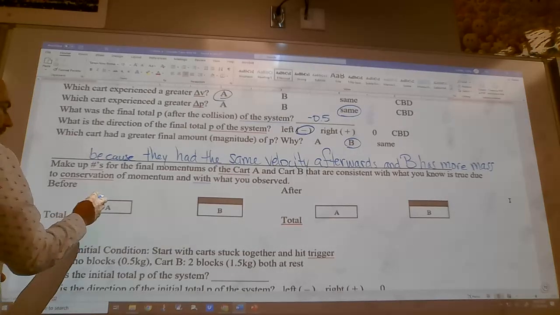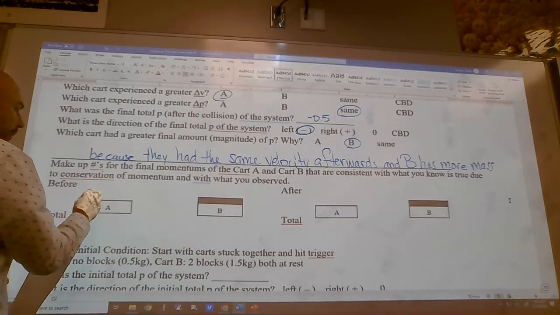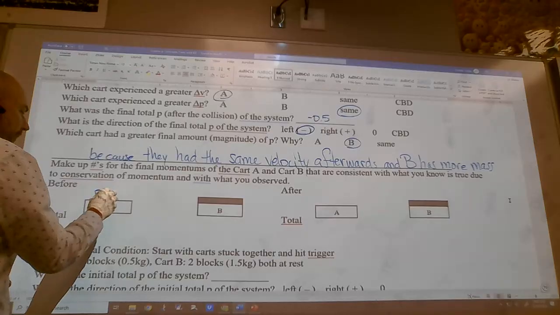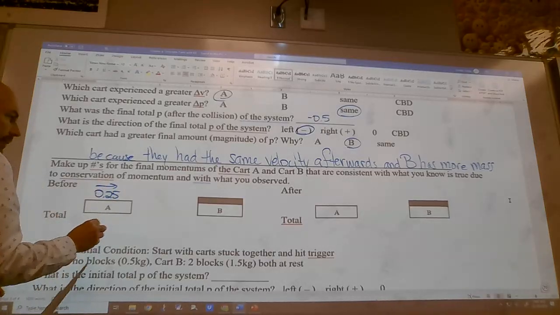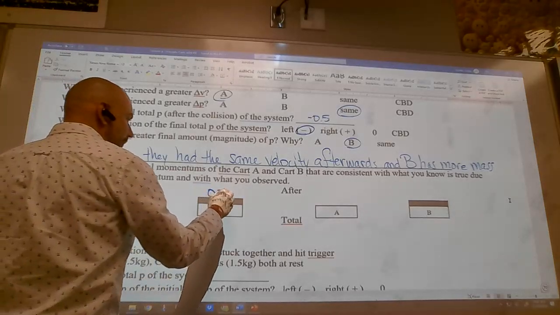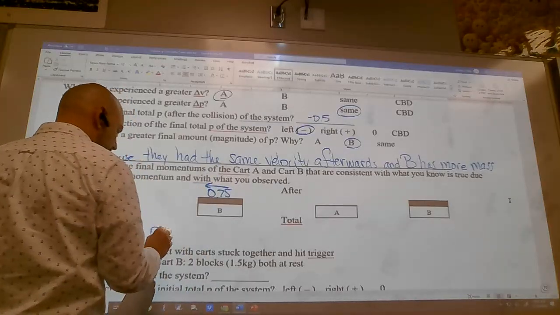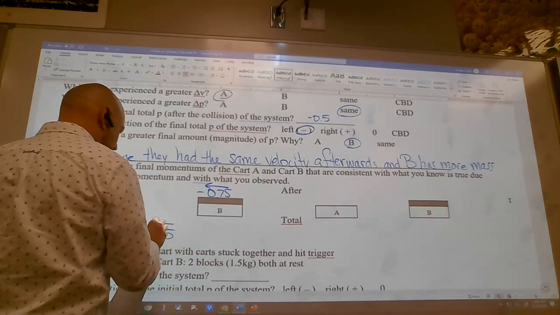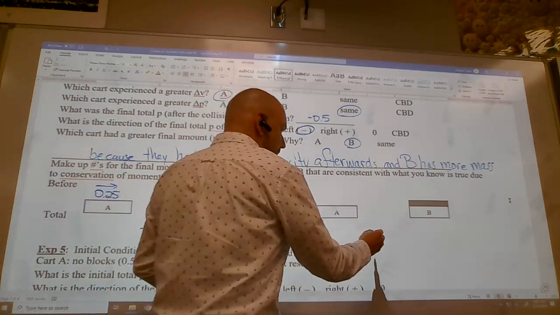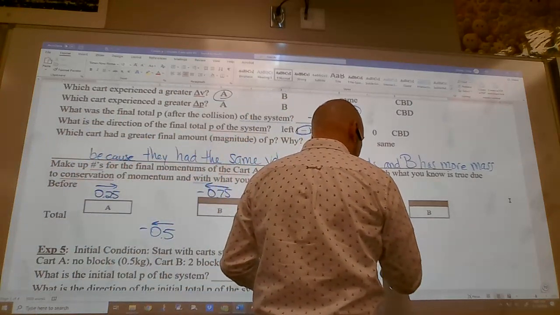So here we have 0.25 positive, 0.75 negative, 0.5 negative, 0.5 negative.